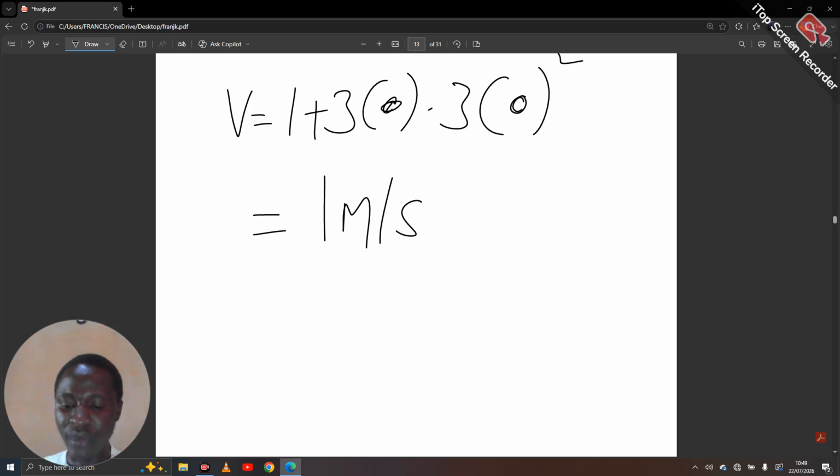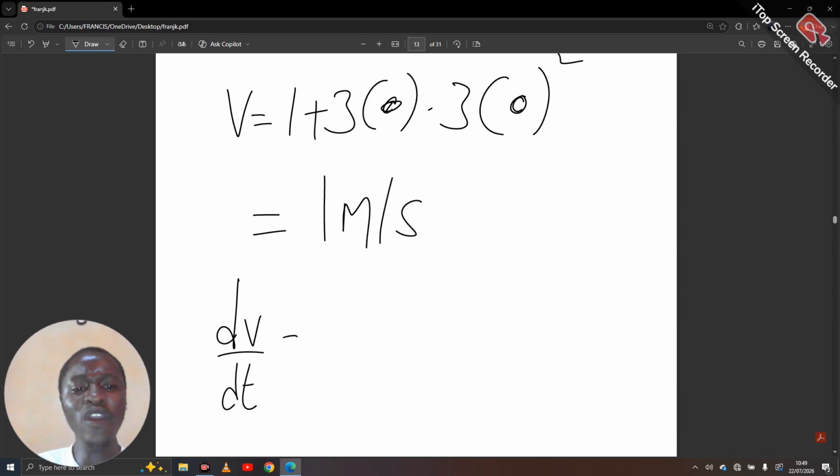Remember, this was a 2-in-1 question, so the question continues to ask for the initial acceleration of the particle. We are still going down, so we are continuing with differentiating. We are differentiating velocity with respect to time, dv over dt.